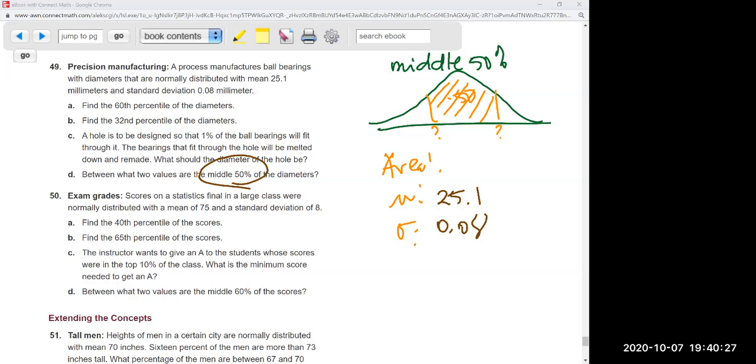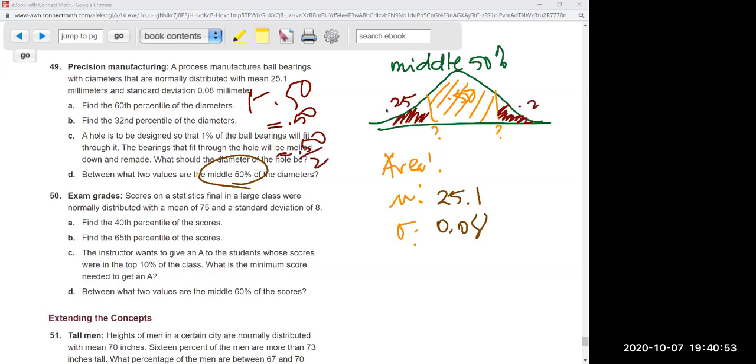Meaning the area to the left of this, what is this area? If this is 50%, the other two sides should be 1 minus 50, 25% each. Yes, this is 50%, and when you divide the remainder by 2, it should be 25% each.